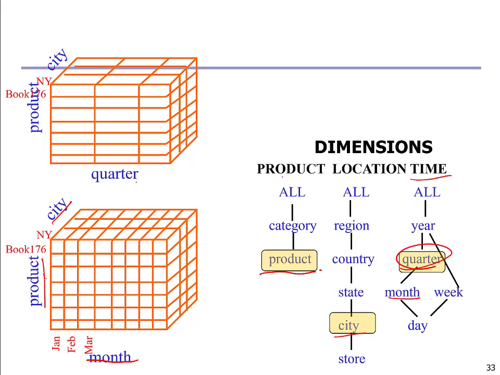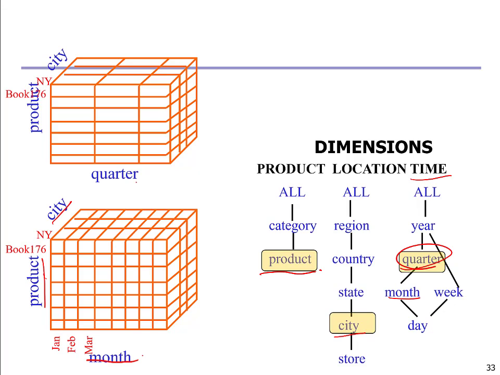Which means we will do the aggregation on this time dimension, and then we will get the measure by different products and by different cities. But we have already done the aggregation on time.